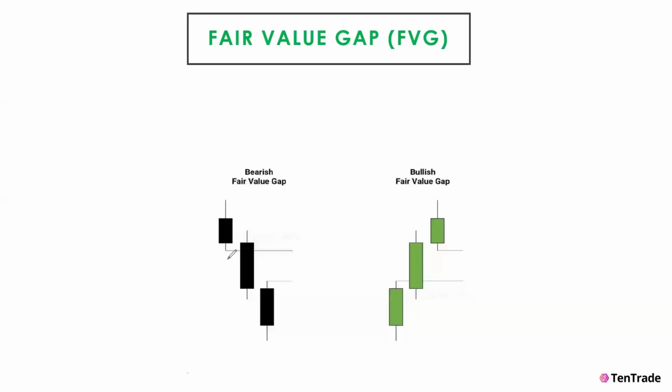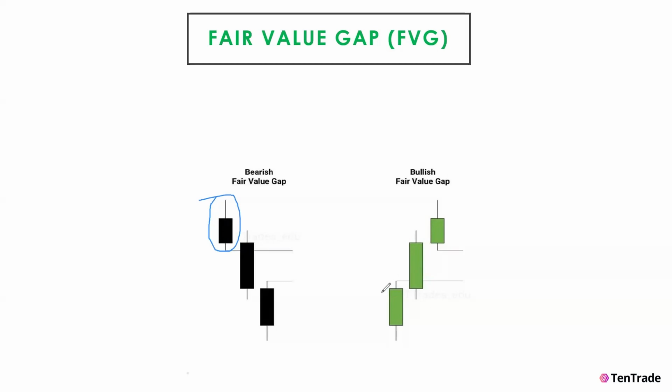Now, it's very important to make this clear, so pay attention, because this is what confuses a lot of people when it comes to fair value gap. It's important to know that the colors of the candles involved do not have to be the same color. You can have this candle bullish and the rest bearish, and there's still a fair value gap.